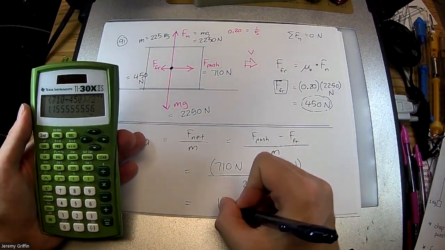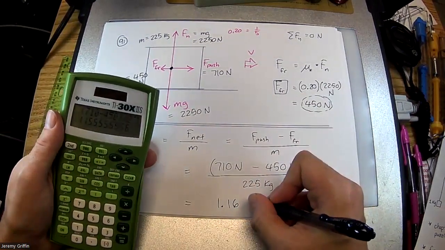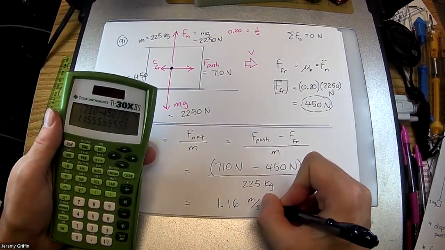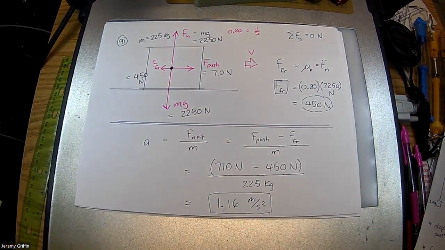I'm looking at 1.16, string of fives, that'd be meters per second squared. So that crate on that surface, you're pushing with that force, it's going to accelerate that much.